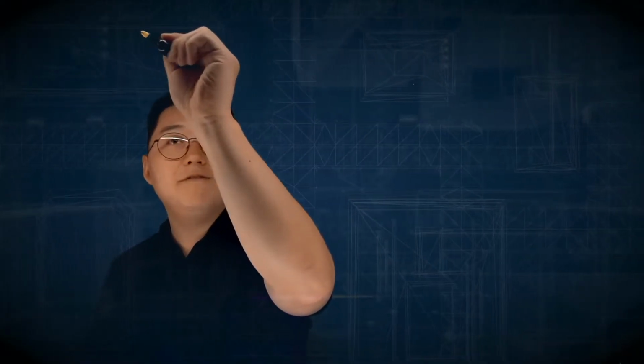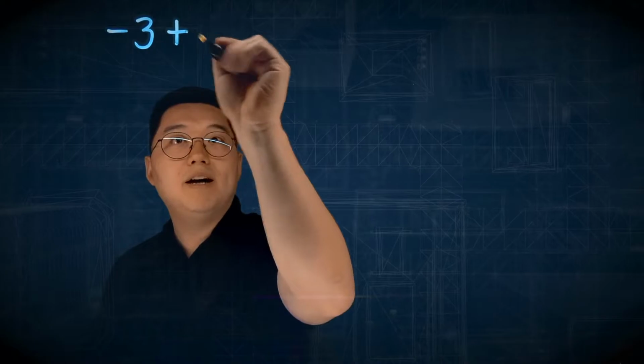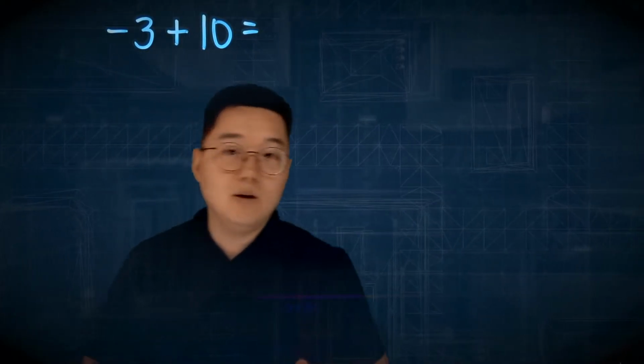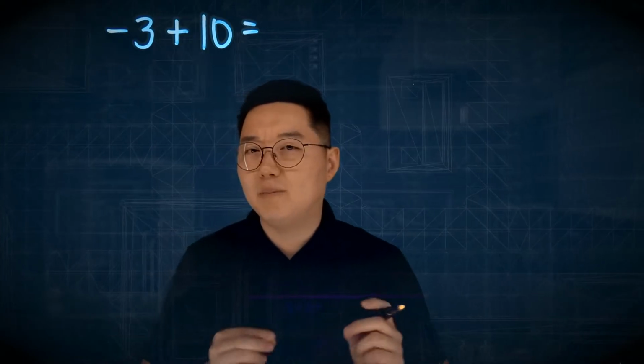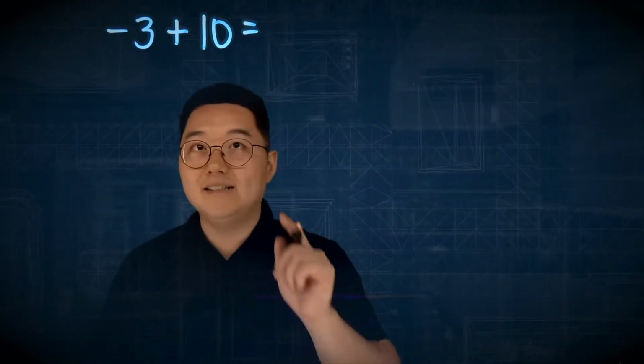All right, are you guys ready? Let's try this example. What if I have -3 combined with +10? Well, what's the answer? I got 3 negatives, 10 positives. Do I have more negatives or more positives? In this example, I definitely have more positives.